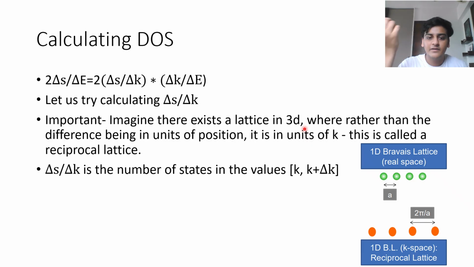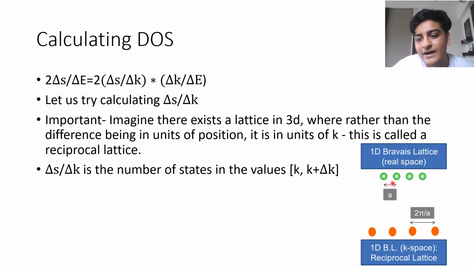Now, instead of imagining this difference being in units of position, I want you to imagine a lattice where the difference is in units of k, where k is the wave vector, and we will call this new type of lattice a reciprocal lattice. And I want you to imagine this just like any other simple cubic lattice structure in 3 dimensions. So what we are essentially doing is that rather than making a lattice in real space, we are making a lattice in k space.